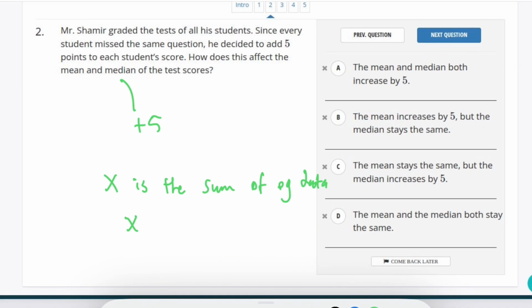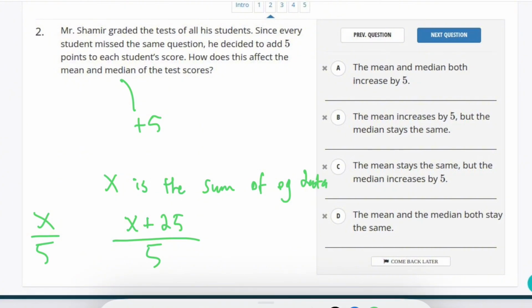Let's say we have 5 test scores. So x plus 25, because it's 5 for each of the test scores, divided by 5. So x plus 25 divided by 5 is the new mean, and the original would be x over 5.